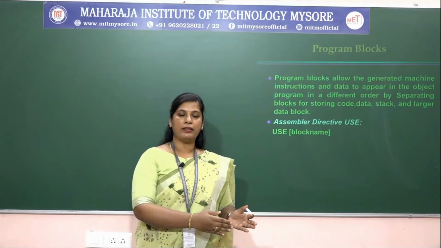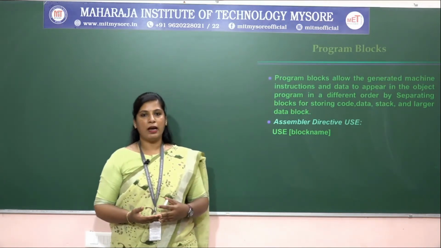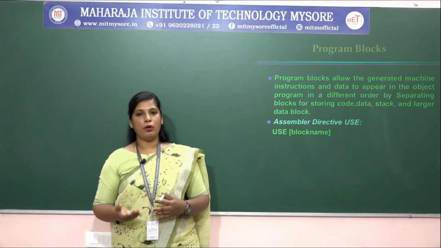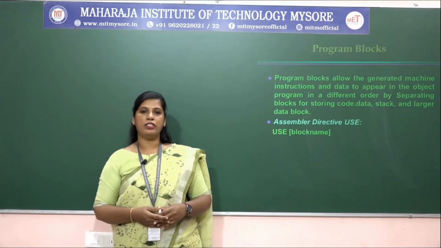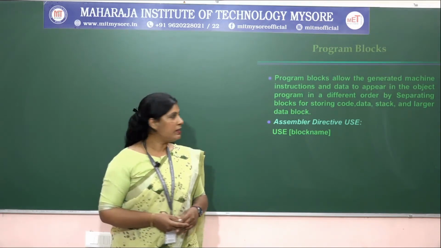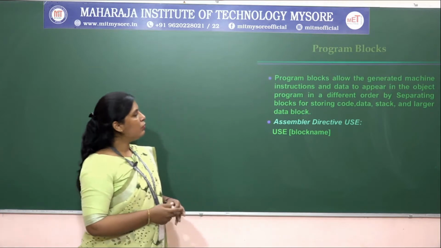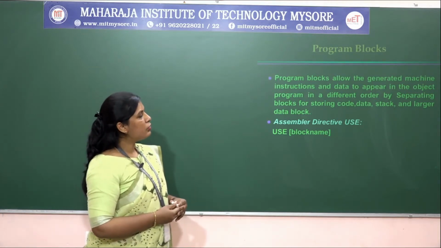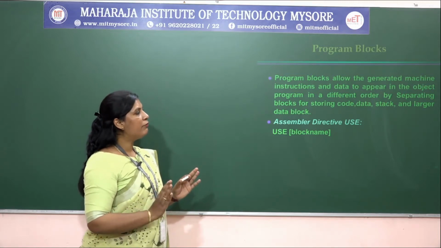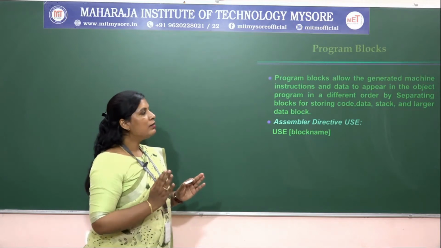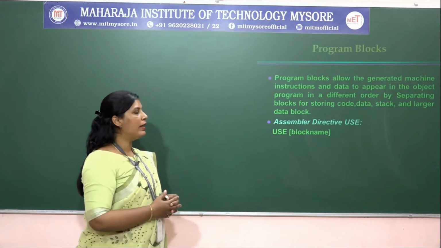One block has only the set of instructions, another has only the data, and another has the larger memory we use in the program. So program blocks allow the generated machine instructions and data to appear in the object program in a different order, by separating the blocks for storing code, data, stack and larger data blocks.